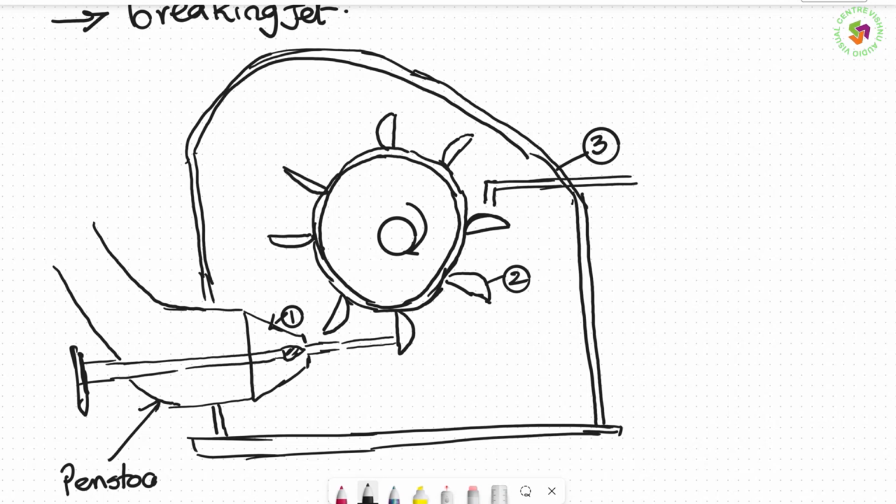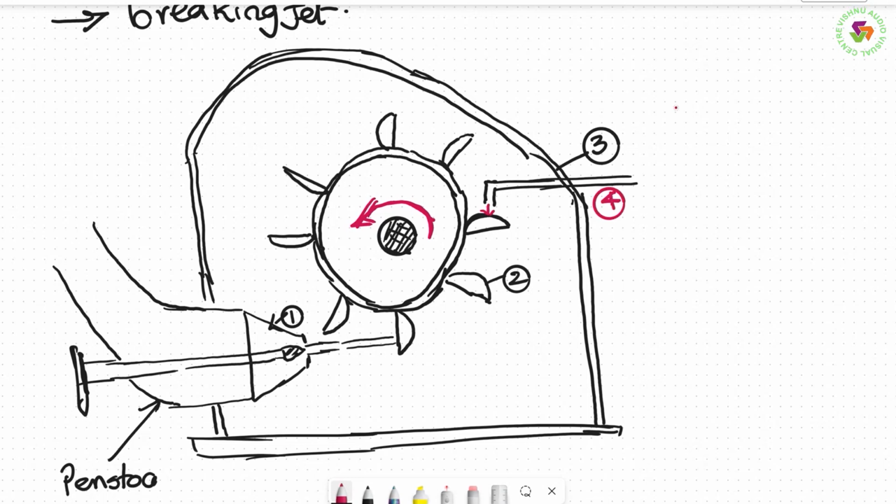The wheel is rotating like this, and this is the direction of rotation. Now the braking jet is in the opposite direction. This is how it operates. So this is the fourth.